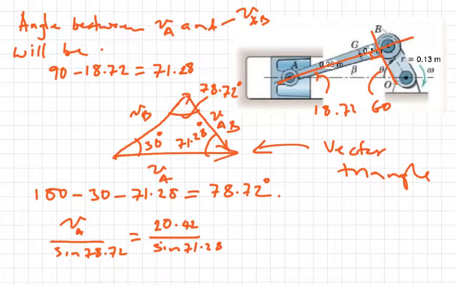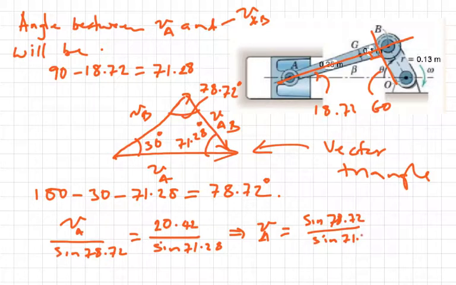And so from here we get VA to be equal to sine 78.72 over sine 71.28, multiplied by 20.42, and if you calculate this, you will get 21.14 meters per second.